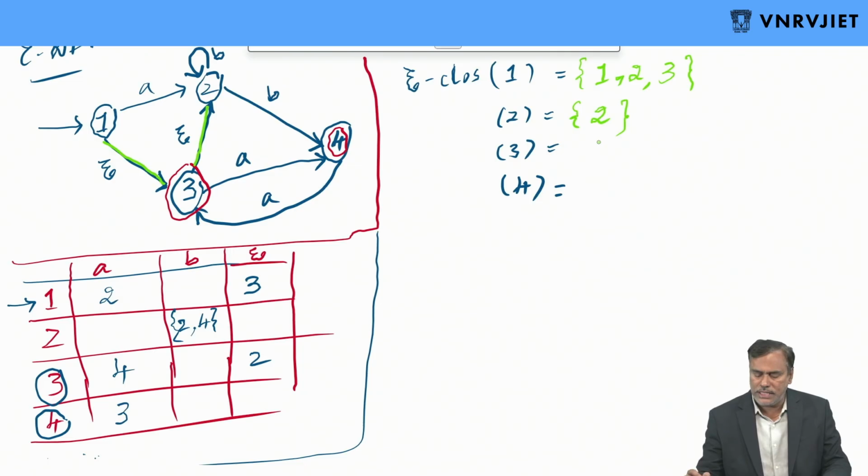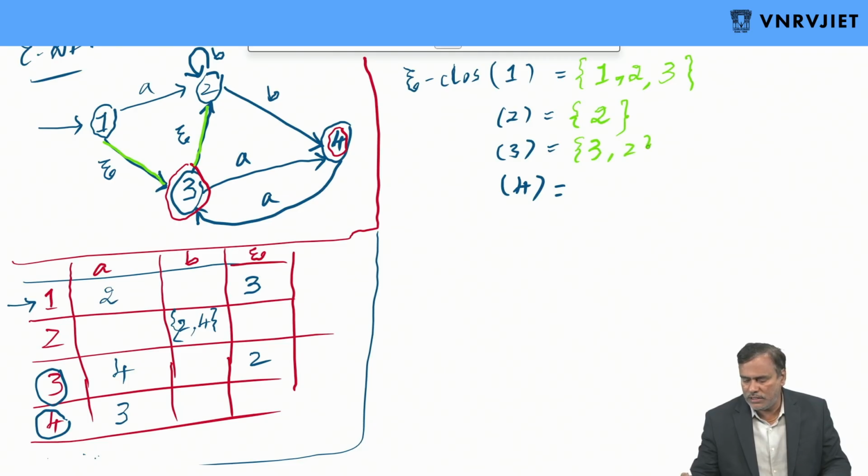Coming to epsilon closure of 3, according to rule 1, first 3 is added. Rule 1 says S is added to epsilon closure of S. Here S is 3, therefore epsilon closure of 3 contains 3. Next, from 3, can you reach any other state only on epsilon? From 3, I can go to state 2. Therefore this 2 must be added here.